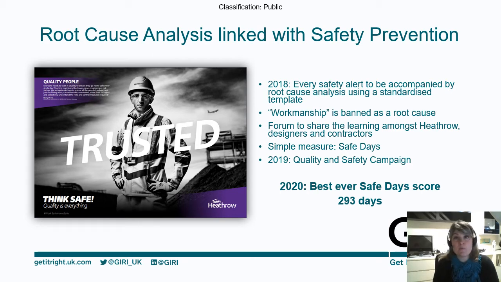Our health and safety performance was really good at Heathrow, but in order to take it one step further, we felt that we needed to do something more. And we discussed the fact that root cause analysis of incidents was probably going to give us the solution.